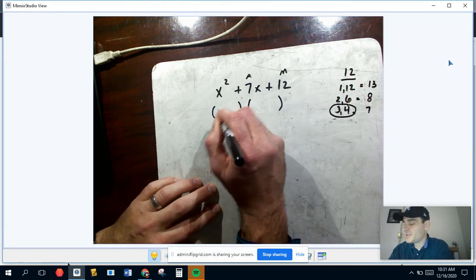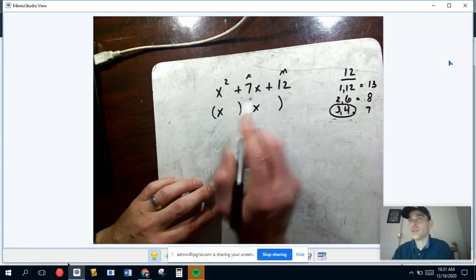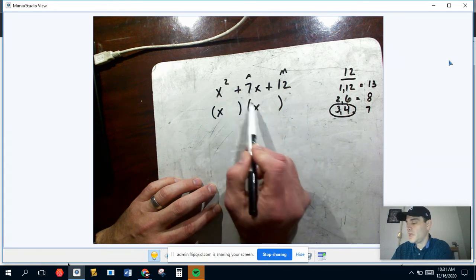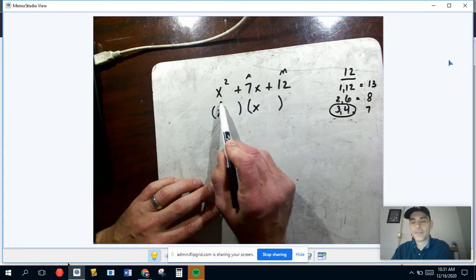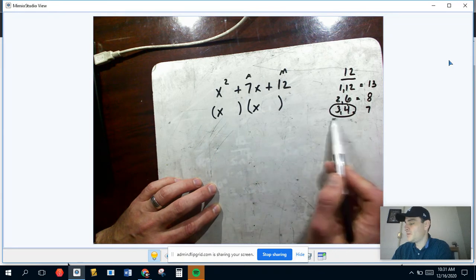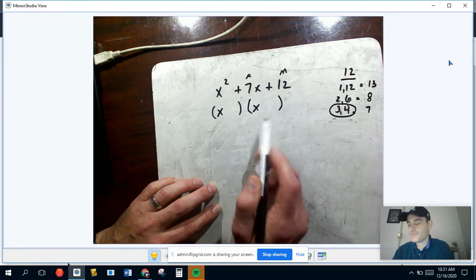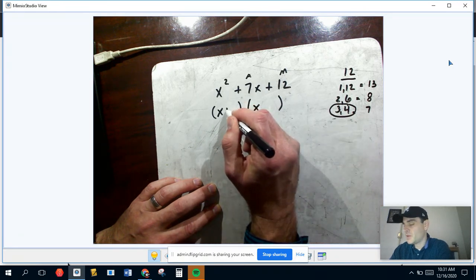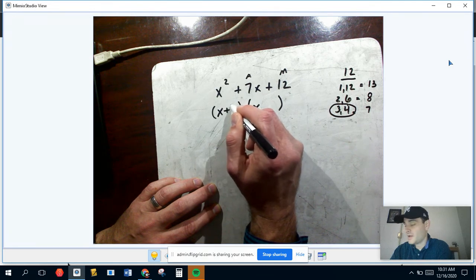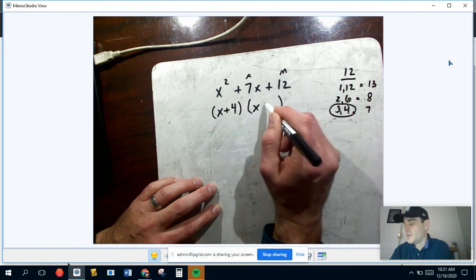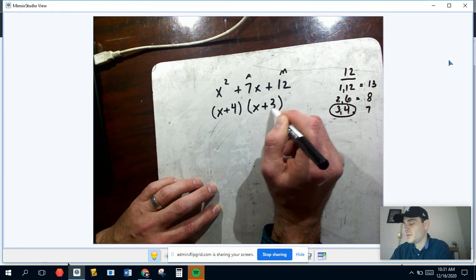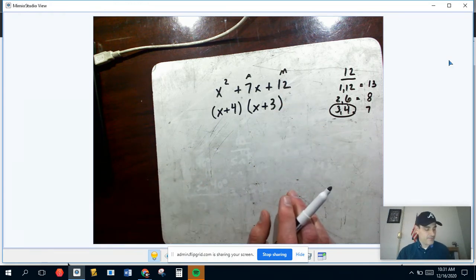I'm going to put x and x right here because I know when I FOIL, x times x is x squared. I'm going to put these numbers in these positions. I like to put the larger number first, though it doesn't matter.